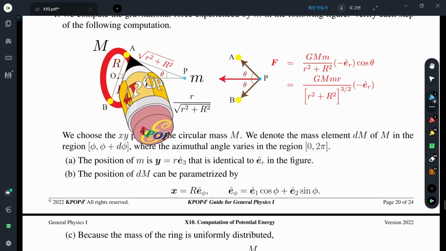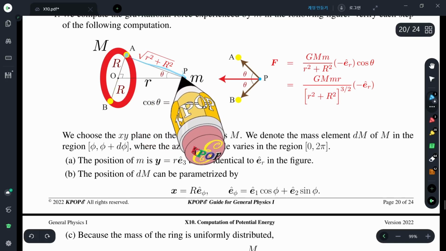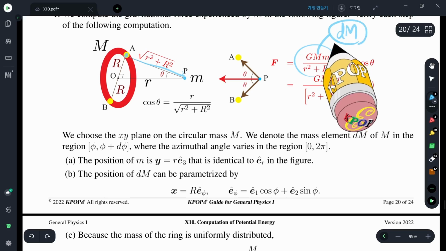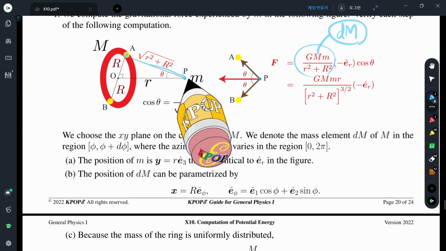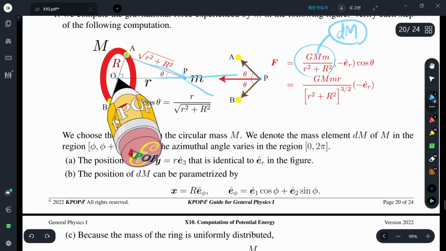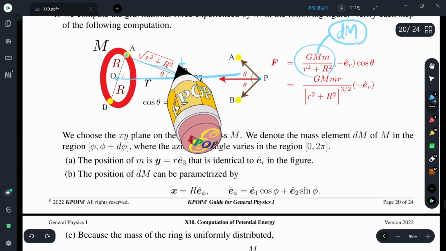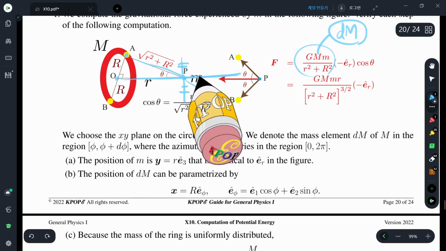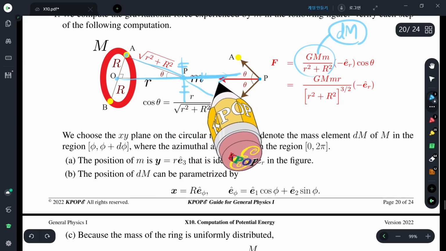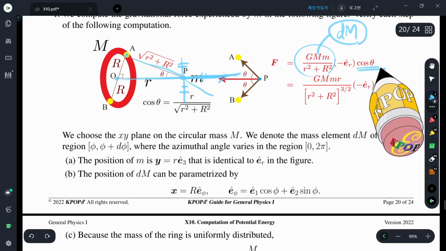Previously, we used the fact that the magnitude of the force at every point should be something like that with the differential, right? However, the component perpendicular to the direction that connects the center and the point mass cancels, and only the longitudinal, parallel component survives. That's the reason why we multiplied by the additional factor, cosine.